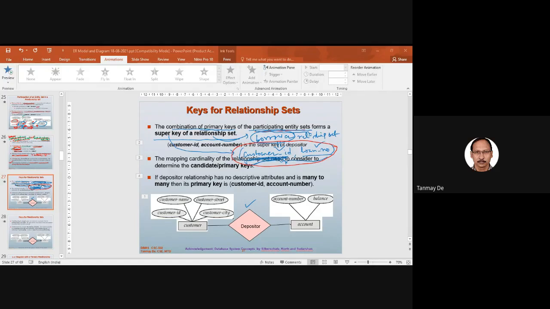The super key is customer ID, comma, account number. This combination is the super key of the depositor relationship.